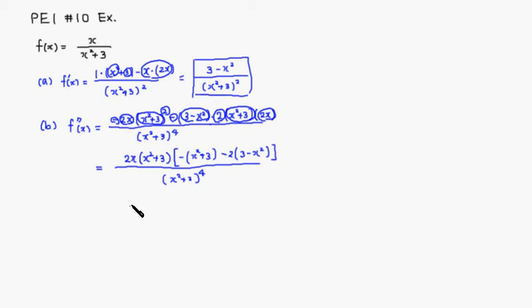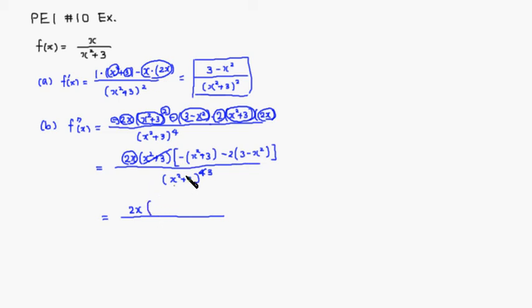The first thing we can do, since there's a common factor on top and bottom, is cancel quantity x squared plus 3, and change the 4th power to the 3rd power. Then I'm going to clean up a bit, so you're going to get 2x. 2x is there. Then maybe I'll multiply this out.